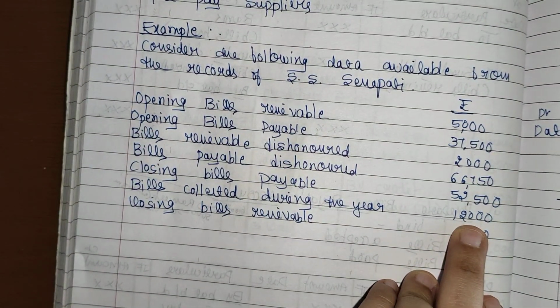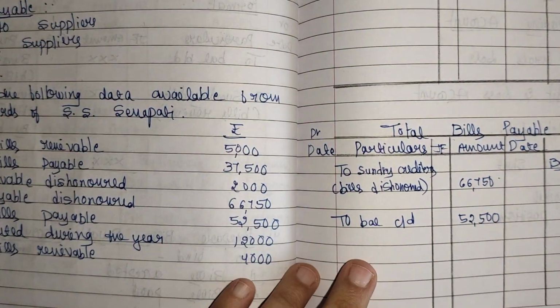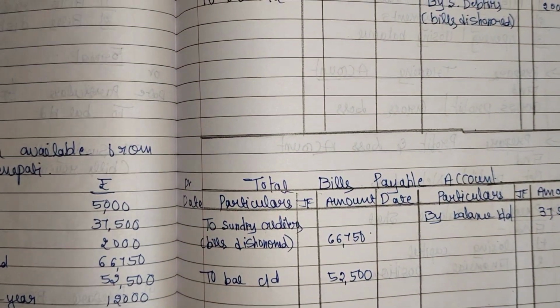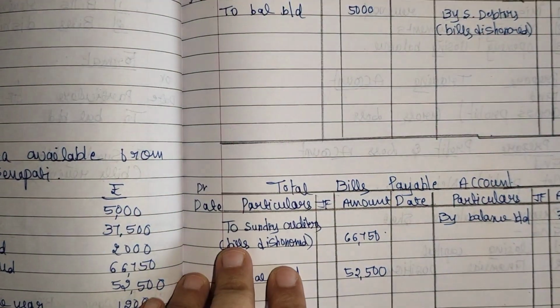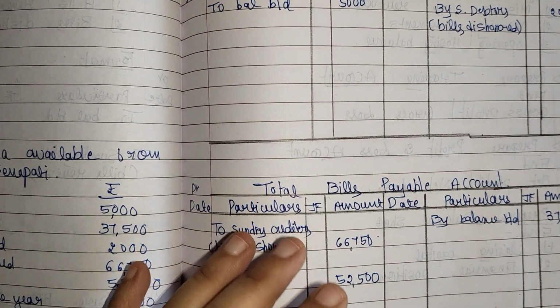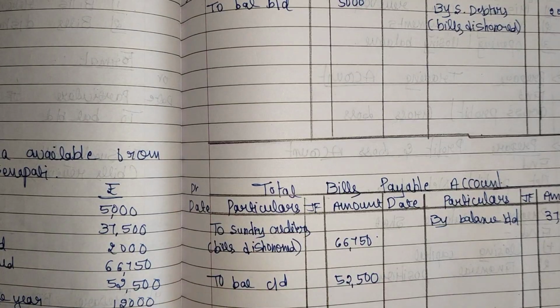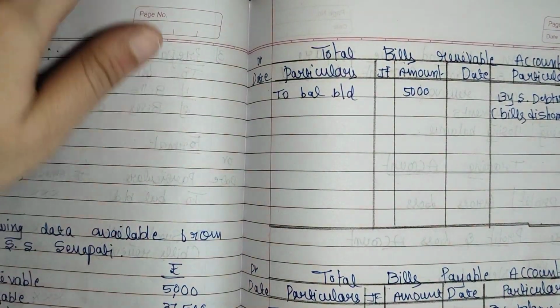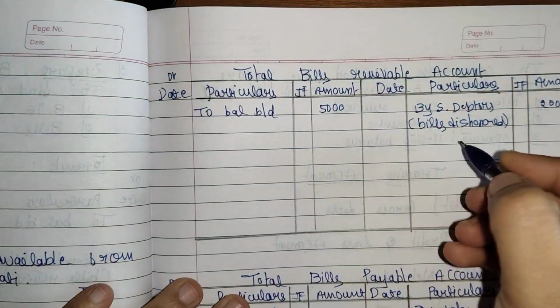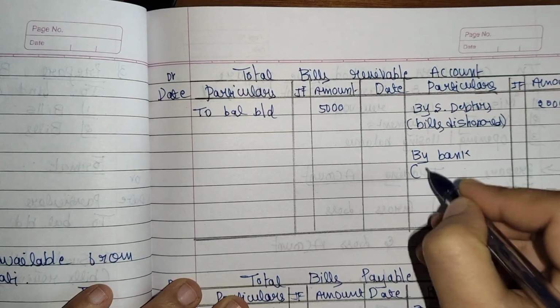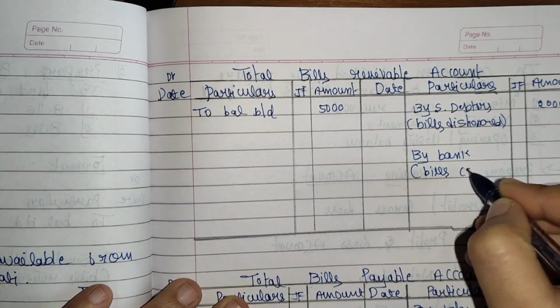Now bills collected during the year. How much? That is rupees 12,000. Bills collected means it comes under the bills receivable account. Bills collected during the year 12,000 means bills honored, paid the bill on the due date. So go to the credit side, by bank, bills collected.